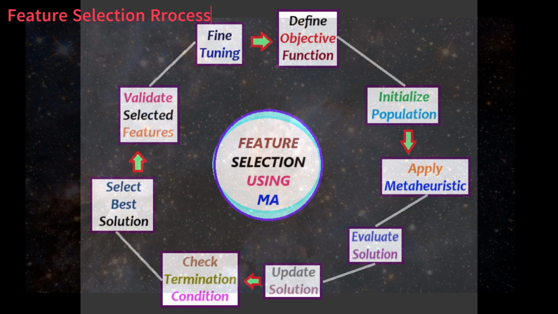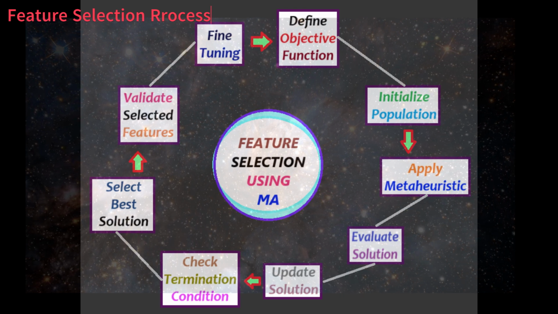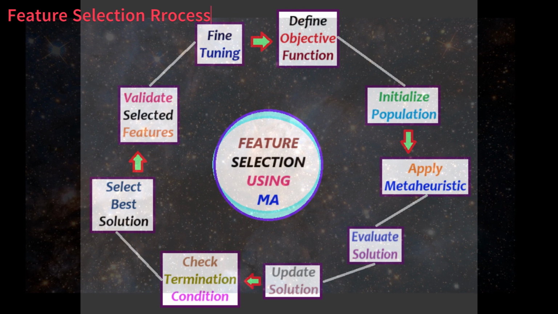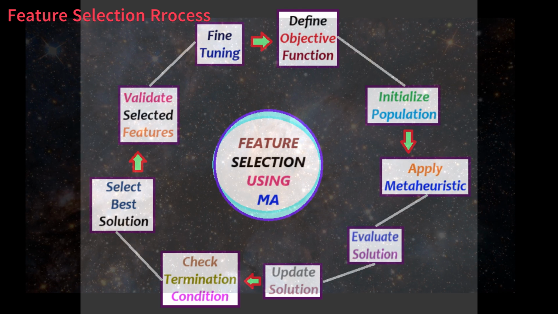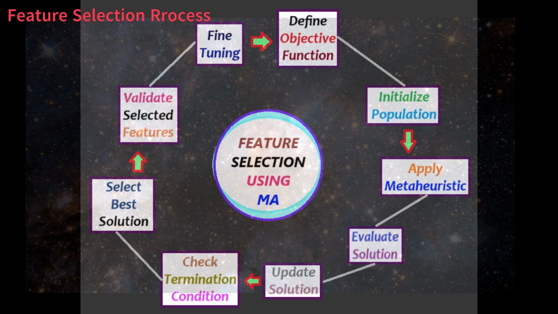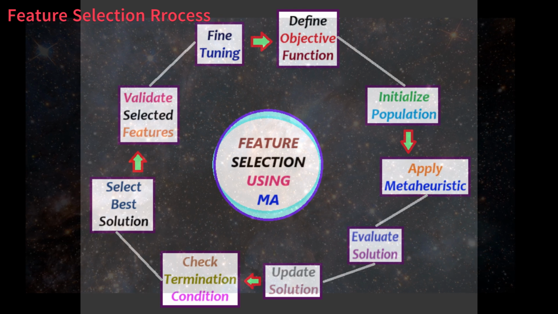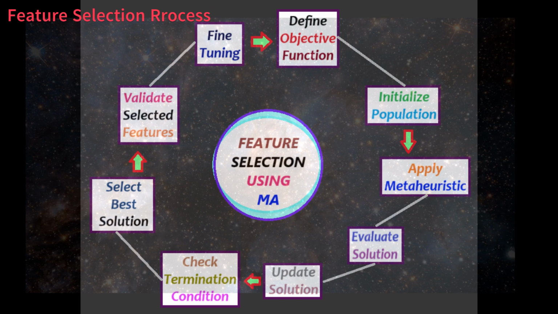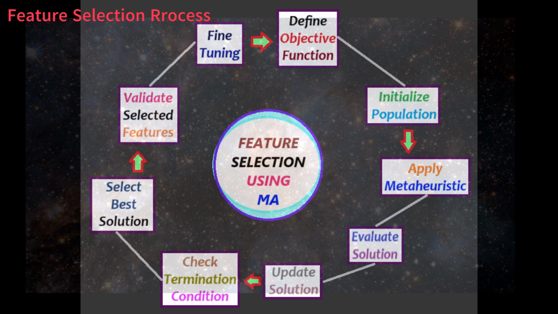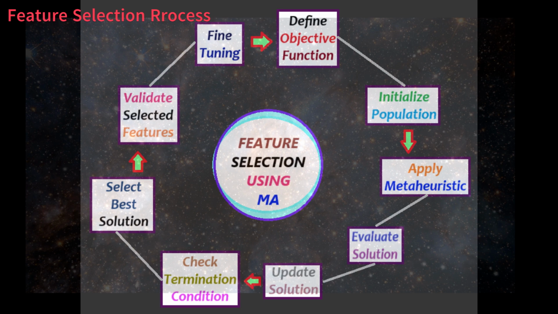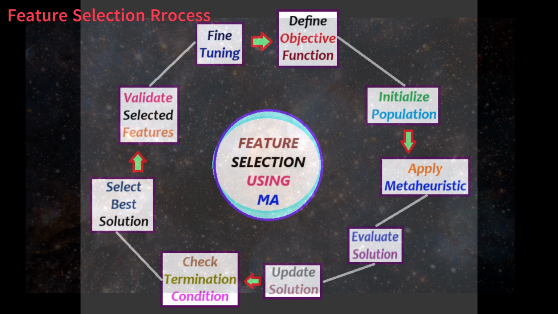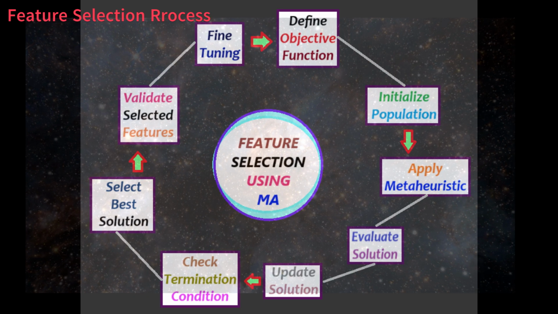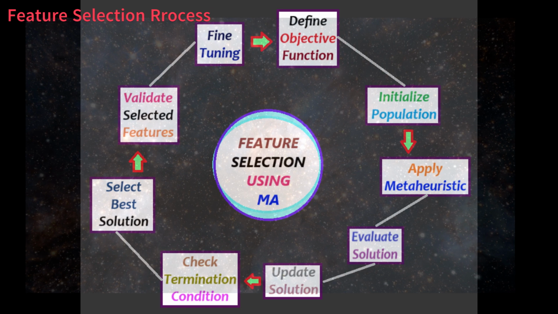You can define the objective function based on classifier accuracy, clustering quality, regression errors, or other metrics. We know how meta-heuristic algorithms work. They perform different iterations, and after that they display the best solution. So your objective function should be efficient to evaluate, since it will go through many iterations.